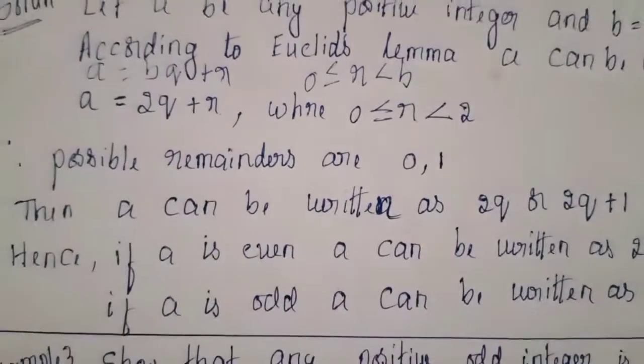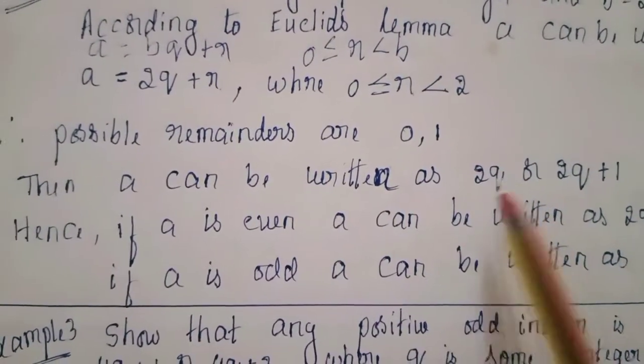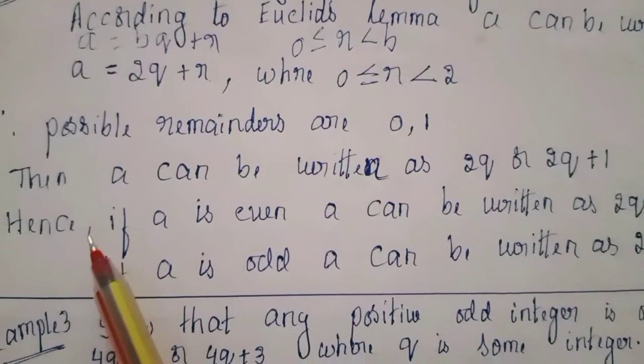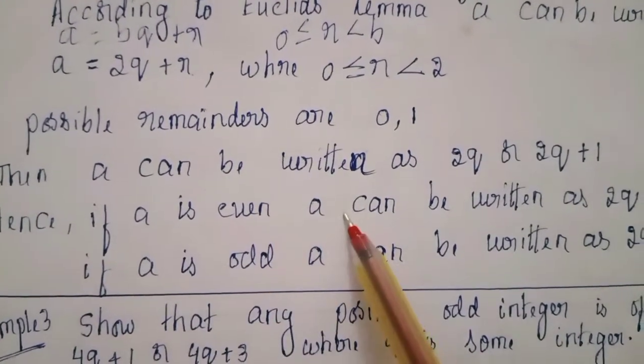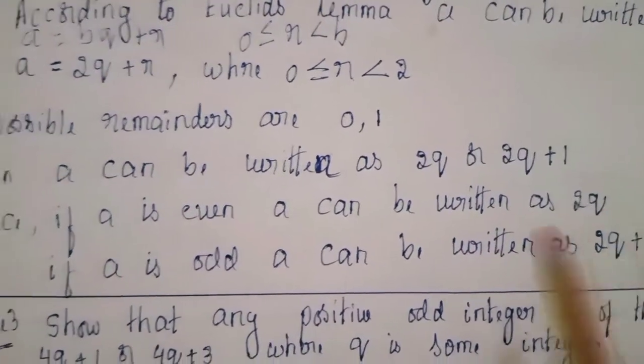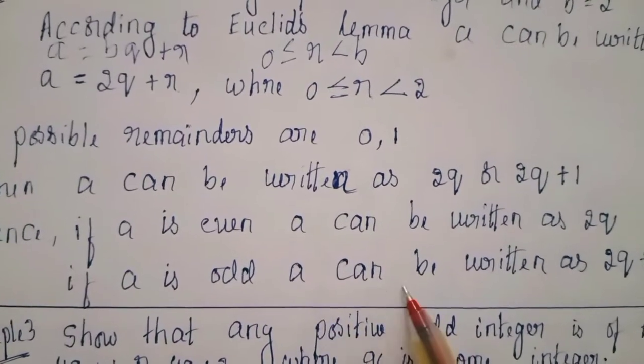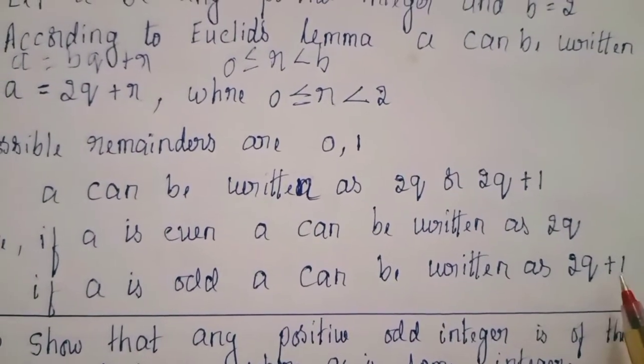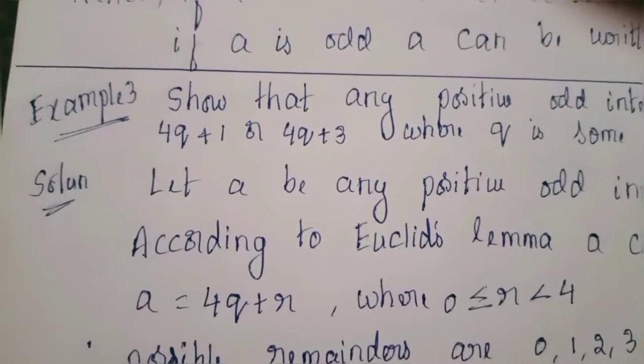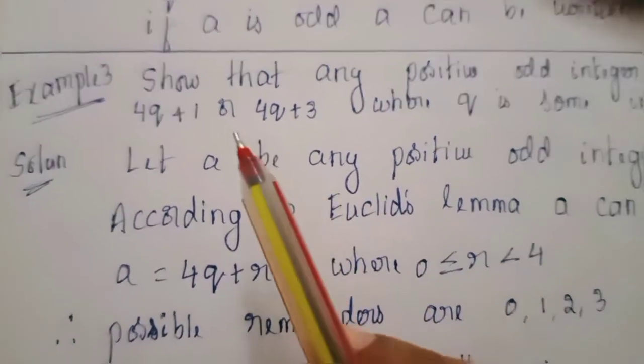As we know, multiples of 2 are always even, so we can conclude that if a is even, a can be written as 2q, and if a is odd, a can be written as 2q plus 1. Now let us start another example with the same concept.